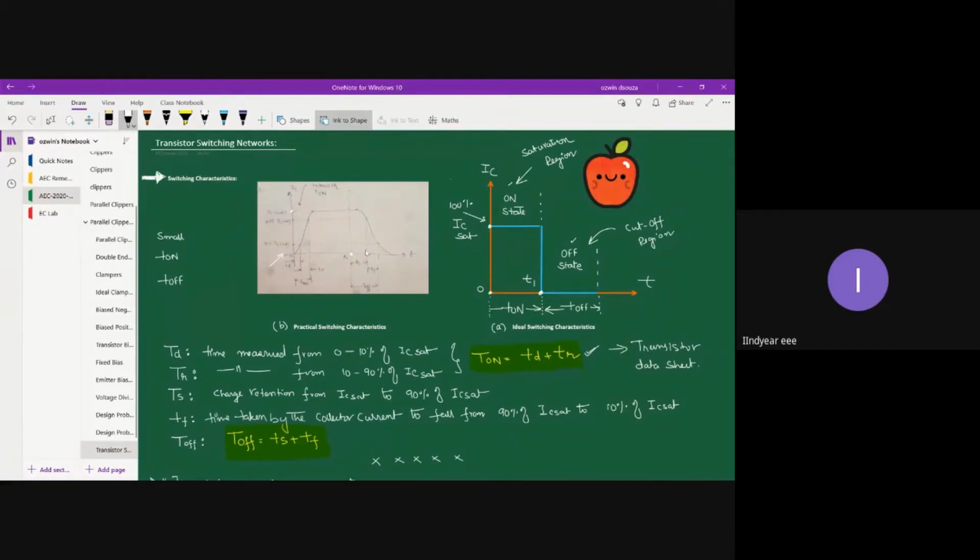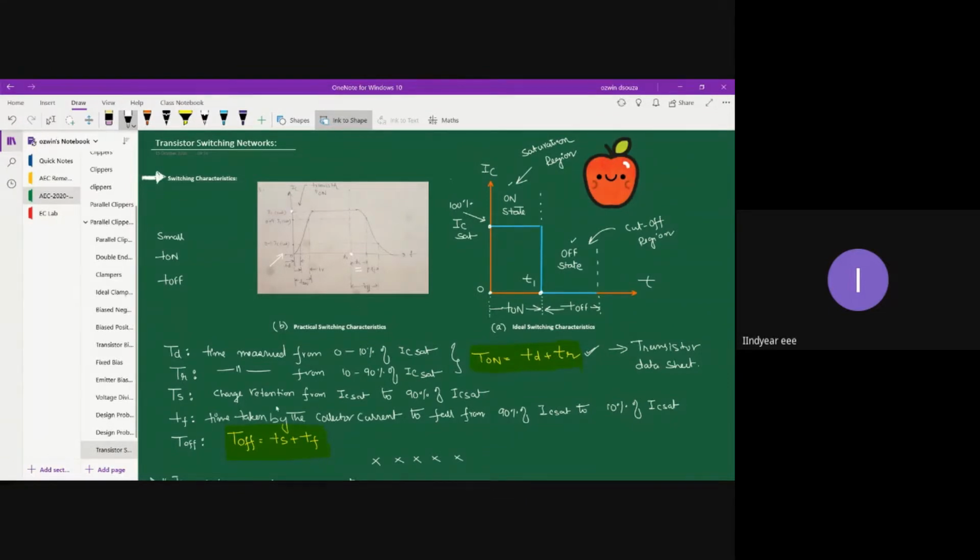Now when you initiate the turn off phenomenon in the transistor switch, the minority charge carriers which are present in the opposite layer need some small amount of time to return to the original state. So there will be a small time taken by the minority charge carriers to go back to the majority charge carrier state. That time interval is called the storage time TS.